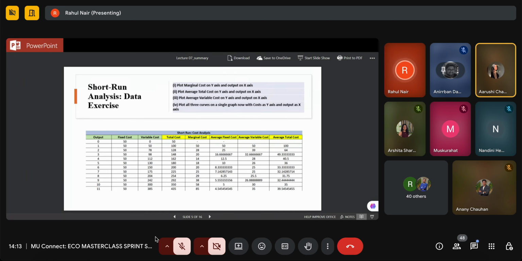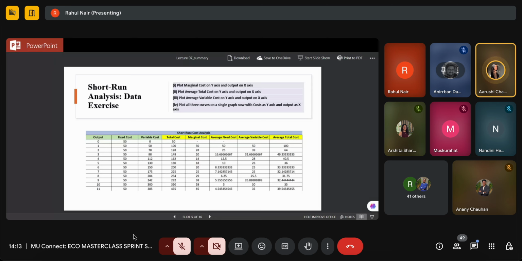So obviously the data will not be very accurate that you can find the total cost curve and marginal cost curve to be equal. But you can see that at this particular point it is similar. So after this point the average total cost keeps on increasing. 31 goes to 32, then 35, then 39. Exactly what I was explaining through the graph.